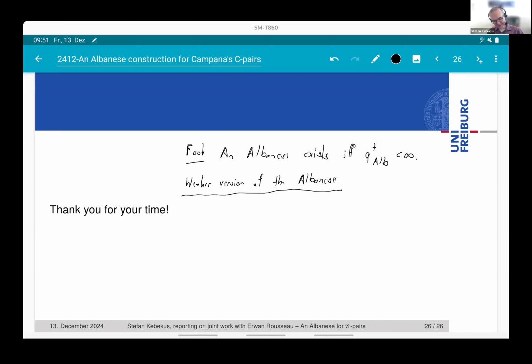So the Albanese, typically, in the classic setting, we get an abelian variety A and a morphism, say alb, from our space X into our abelian variety, and that would be the image, right?